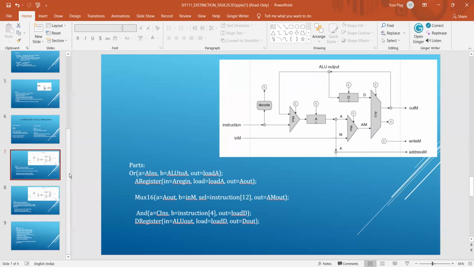The selection will be based on the 12-bit instruction value. The ALU output is loaded into the D register, and the D register is implemented to load and store the value from the ALU.